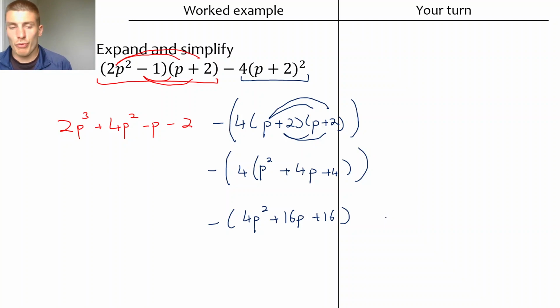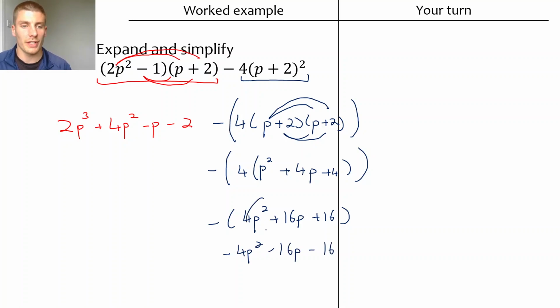Now this is the really important part, that I kept everything in brackets because this minus that came from up here applies to everything within the bracket. So I distribute this, I times everything through by effectively minus 1, which will give me minus 4p squared minus 16p minus 16.